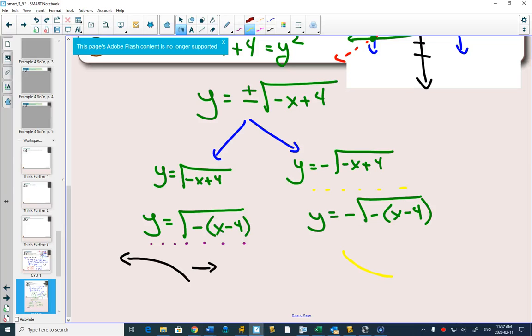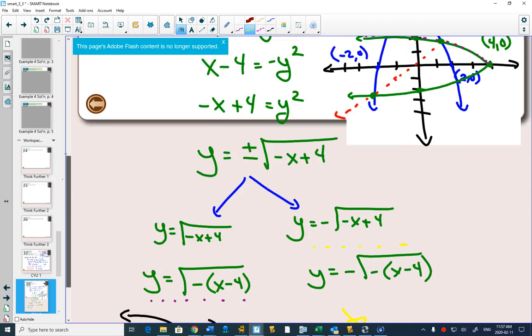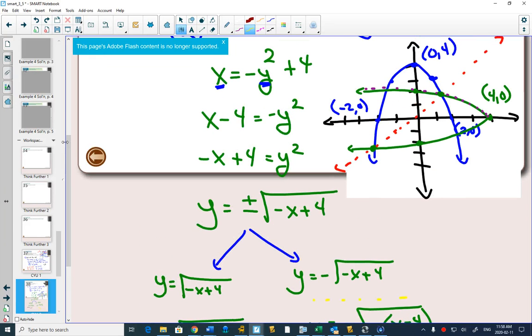Can you see that that would do this? And then a horizontal reflection would do that. And then move 4 to the right. Can you see flip, flip, 4 to the right? That one matching up with the bottom part.